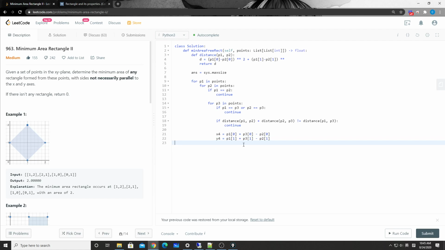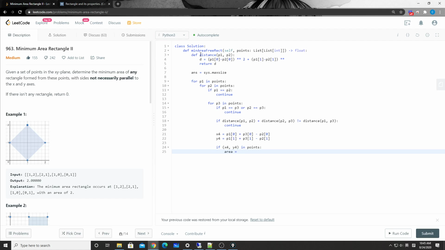So now we just need to look for whether x4 and y4 are in the points. If it's in the points, then we simply compute the area.